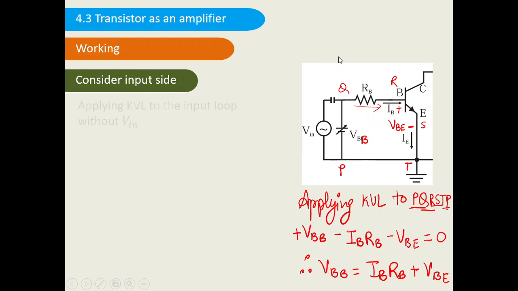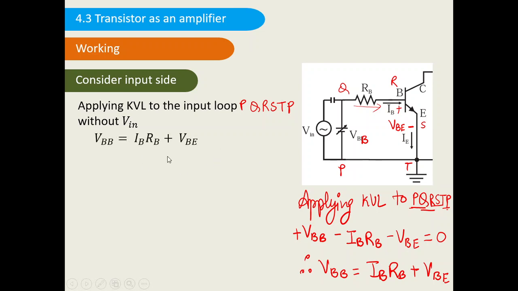So we'll say, applying KVL to the input loop PQRSTP, without considering the Vin value, VBB is equal to IB RB plus VBE.